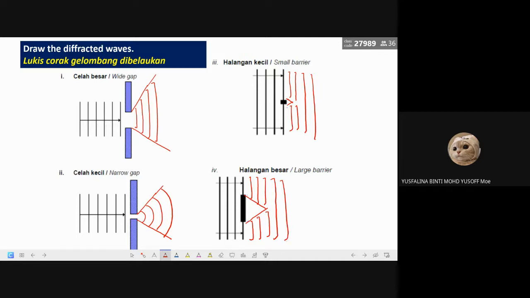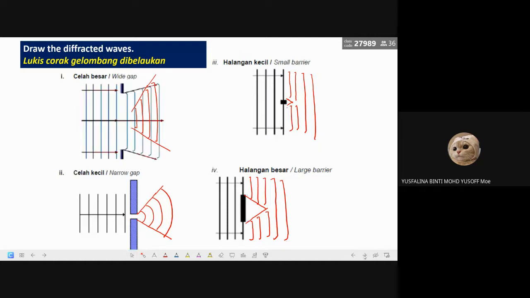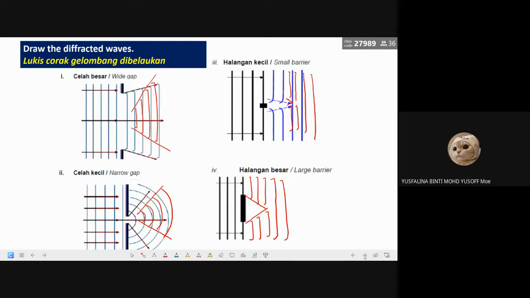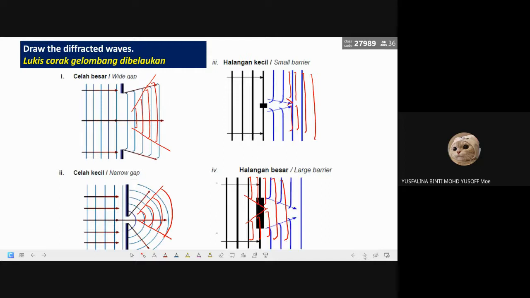So this is how you draw for the small barrier and the large barrier. You draw the line first, and after that you draw the wavelength, so you will know when to start and when to stop drawing. Now all the wavelengths will be connected like this. So this is how to draw the diffraction of waves.